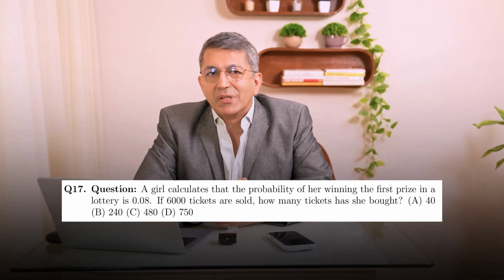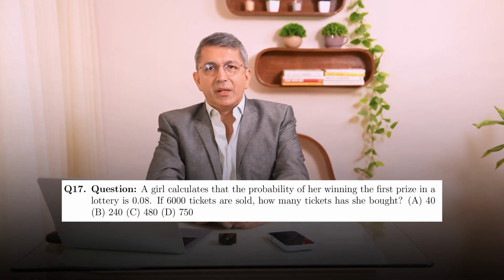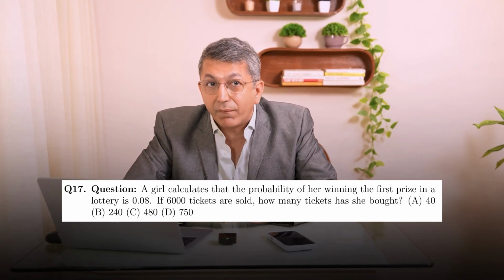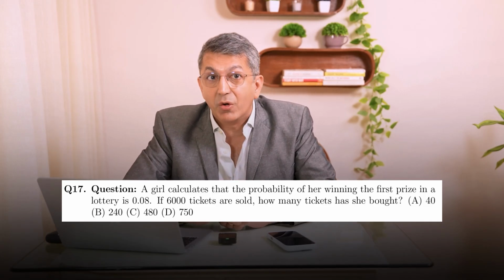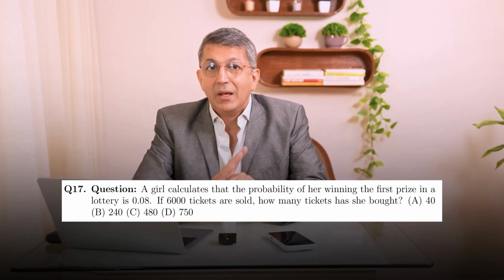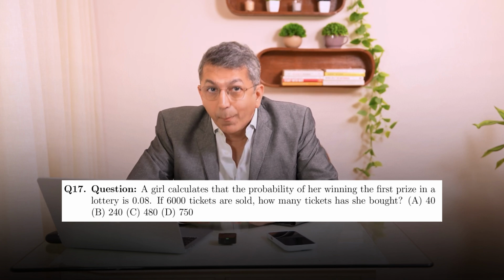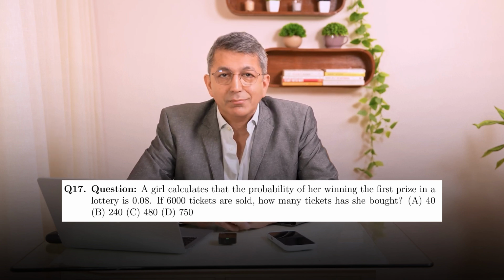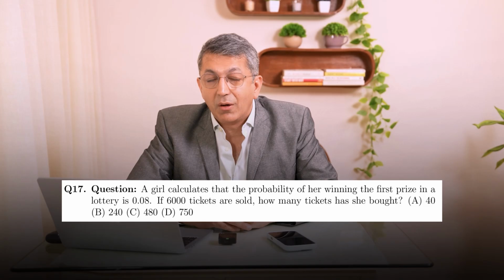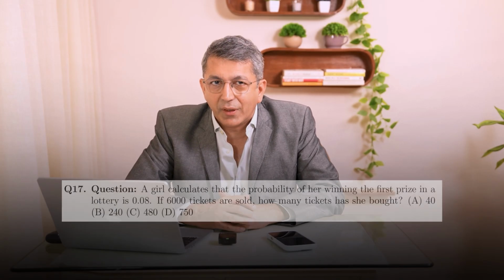Question number 17. A girl calculates that the probability of her winning the first prize in a lottery is 0.08. If 6,000 tickets are sold, how many tickets has she bought? A. 40. B. 240. C. 480. Or D. 750.